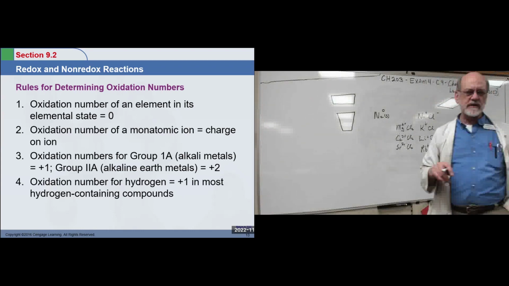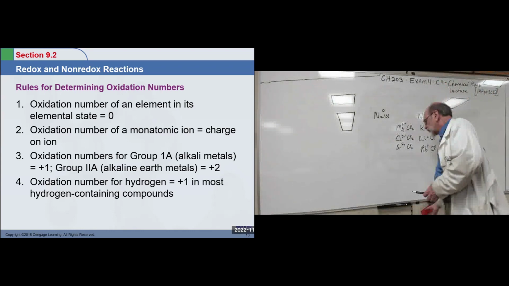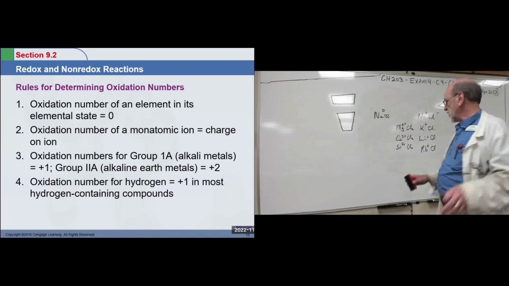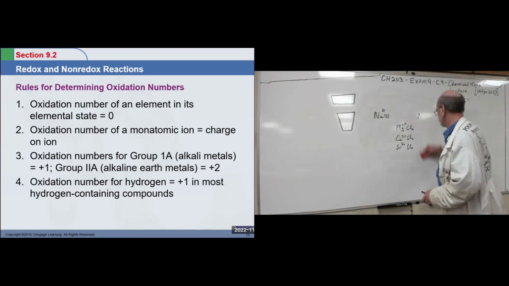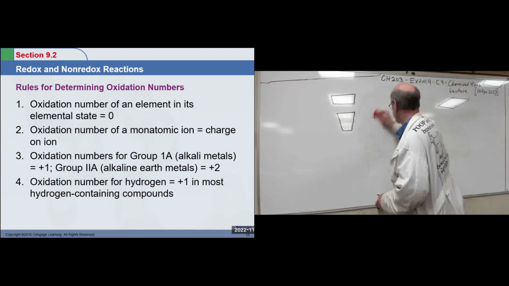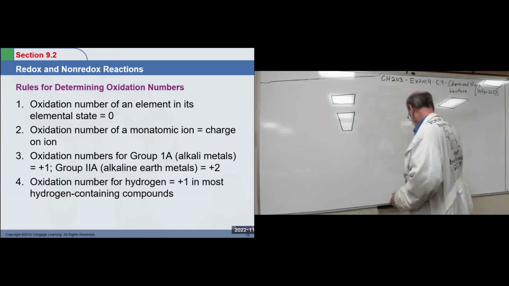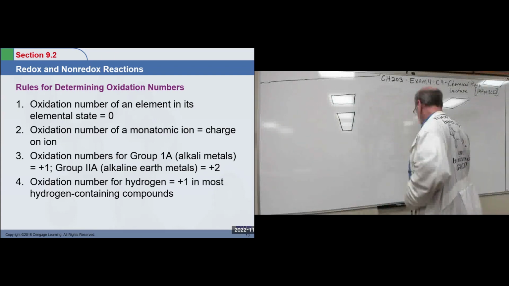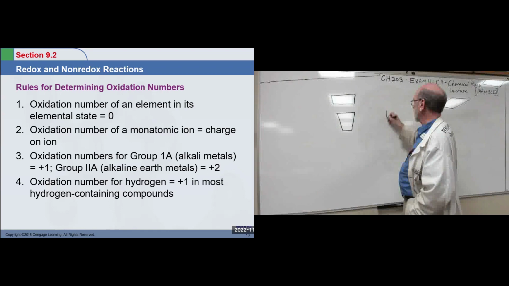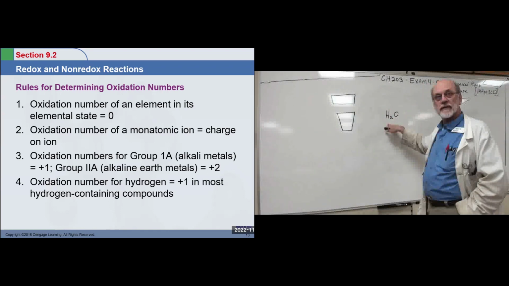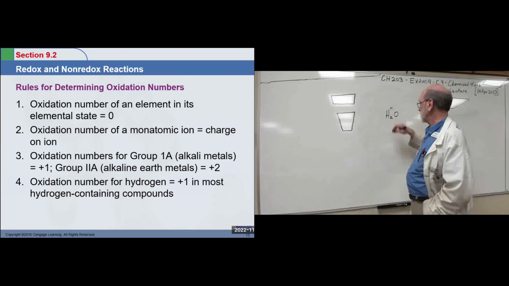Oxidation number for hydrogen most often is +1. If the hydrogen is located, say, in a compound like water, hydrogen comes first, it's a +1.